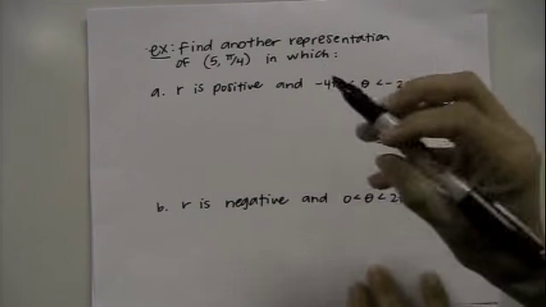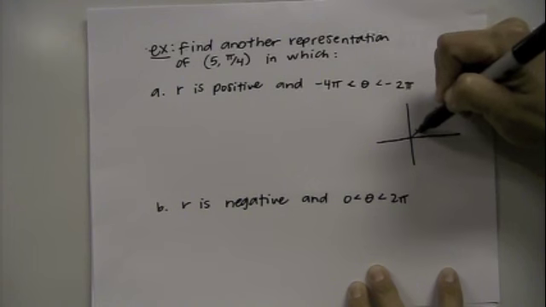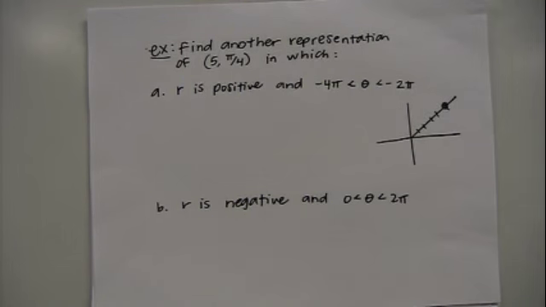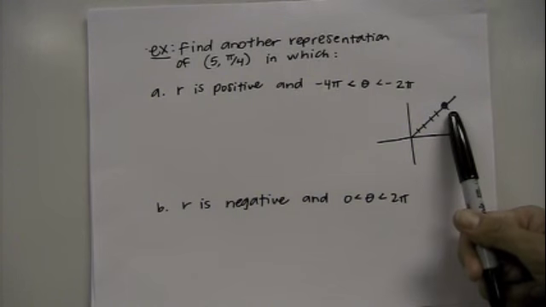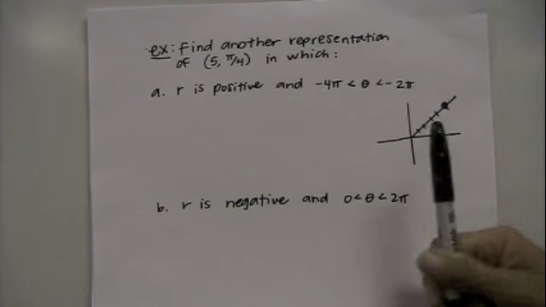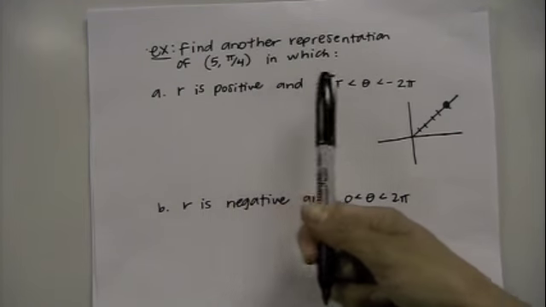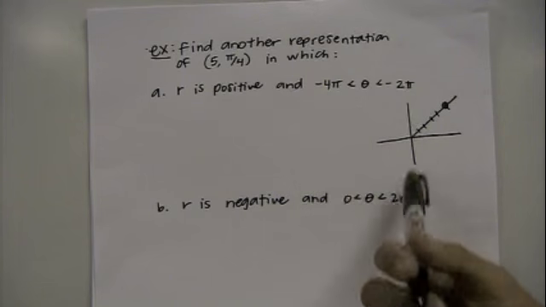And then I'm going out 5 units, so let's say, puts me at that point. So again, this is the polar coordinate 5, comma, pi over 4, and we need to write another representation of that point with this condition, that r is positive and that theta is between -4 pi and -2 pi.